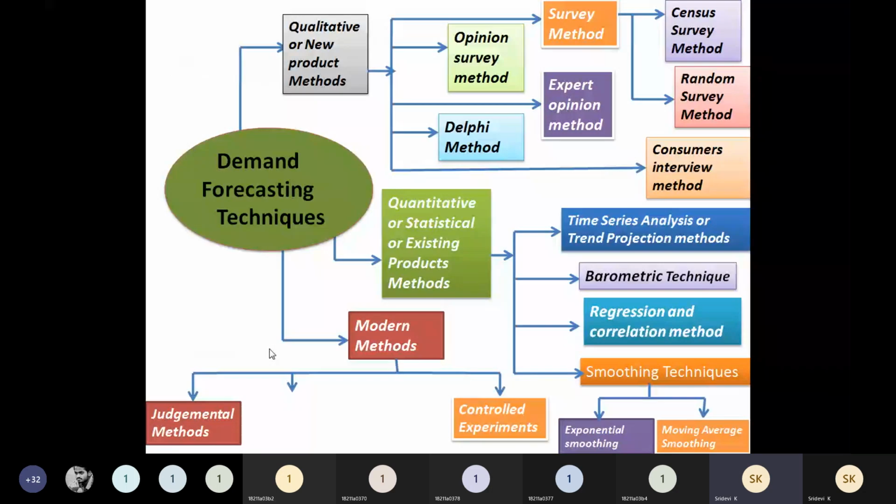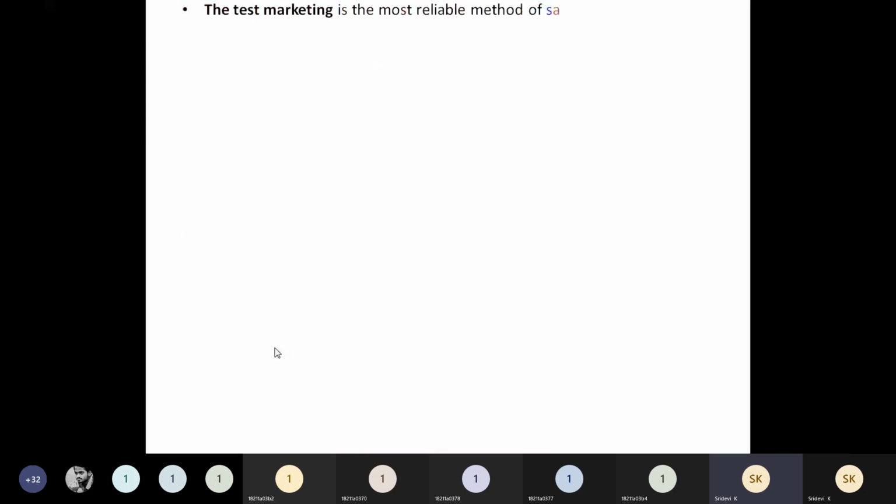And another modern technique that we have is the test marketing method and the Delphi technique. So what is test marketing? Test marketing can be used in most of the manufacturing of heavy vehicles, etc. Like you may see that while launching a car or any product, they will select a particular market area and launch the product in that selected city or town.